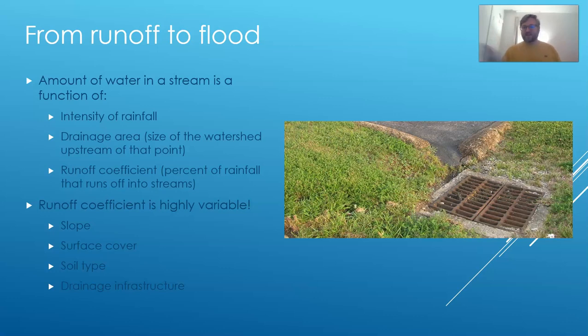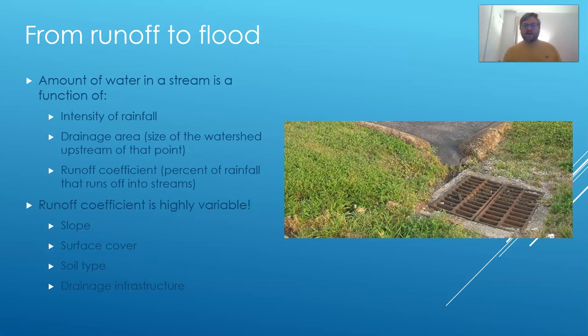On the other hand, you've got that grassy area around the drain, and that's going to soak up a lot of water. So most of the runoff flowing into that drain is going to be what's coming off the paved area, because unless you're getting really hard rain, the soil and the grass around the other sides of that drain are going to soak up a lot of it, and there's not going to be as much running off into the drain.